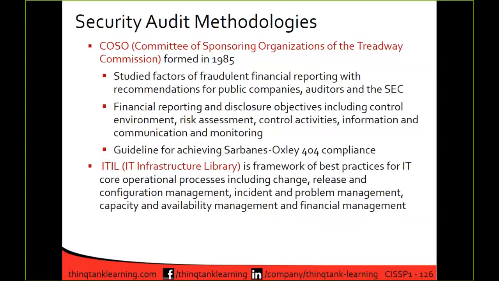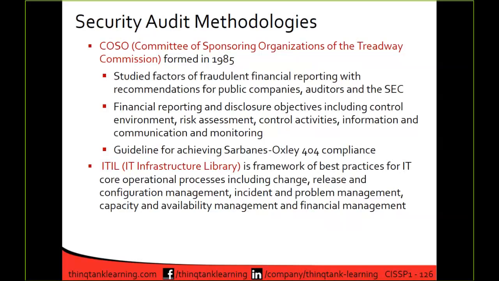The organizations involved, gosh, I don't know if I can remember all these. It's not really that important. I'm trying to remember. I know the Institute of Internal Auditors is one of them. The American Accounting Association is another. The American Institute of Certified Public Accountants is one of them. I can't remember all 5 of them. It's not really that important.